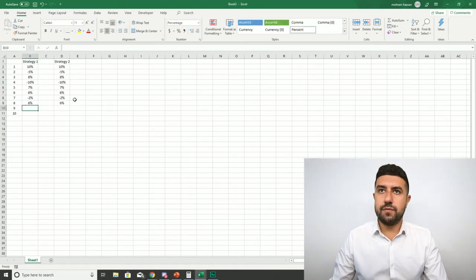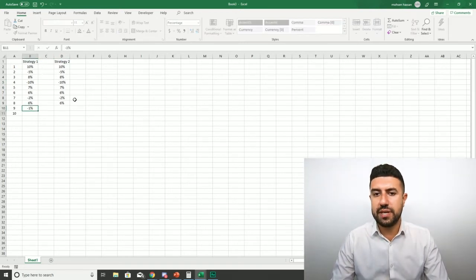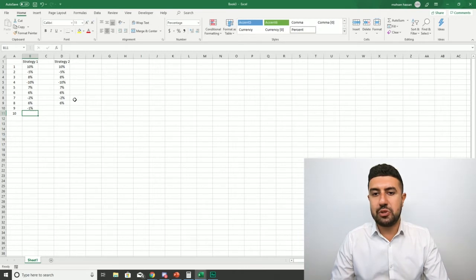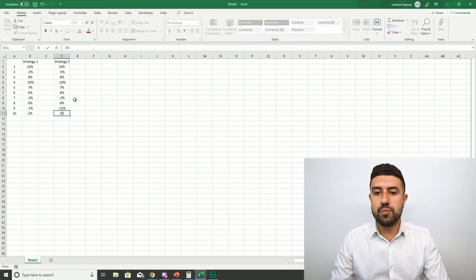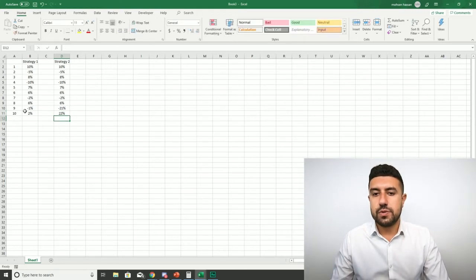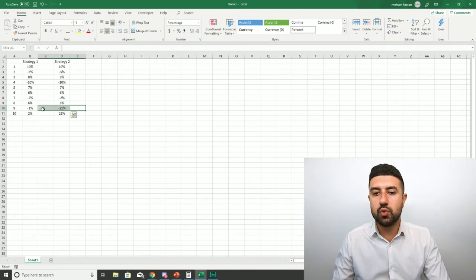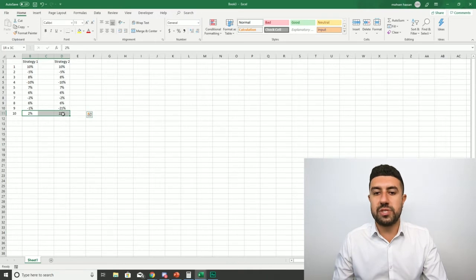But on the 9th day, for one strategy you lost 1%, and then you made, let's say, 2%. For the second strategy, you lost way more, 21%. But then on the 10th day, you made 22%. So on the 9th day, strategy 2 lost 20% more than strategy 1, but on day 10, it made 20% more than strategy 1.